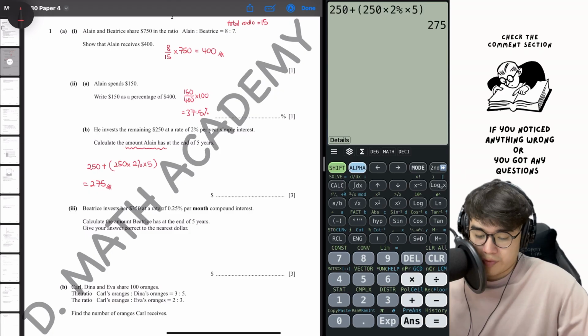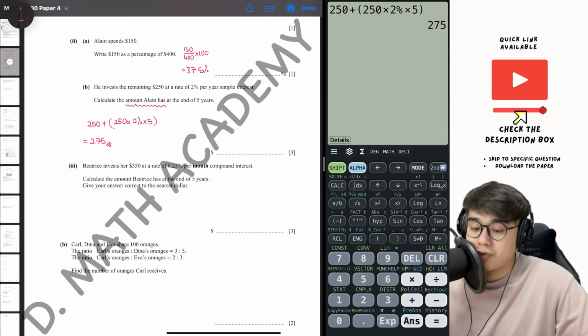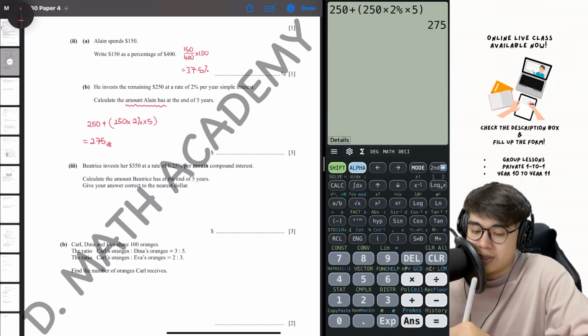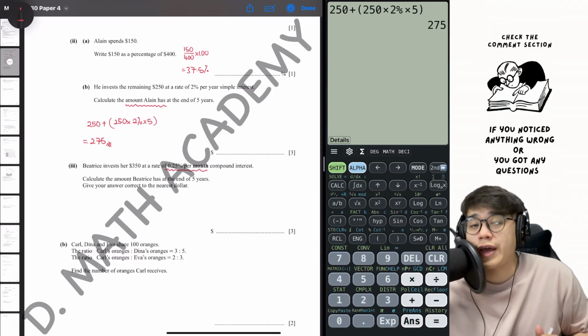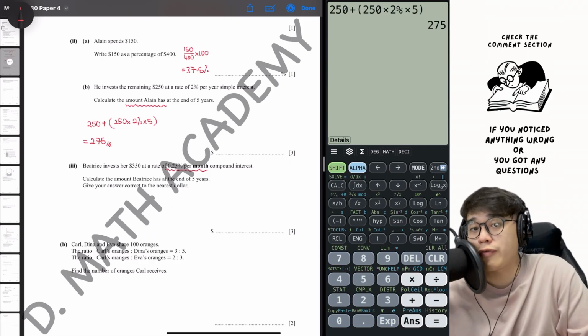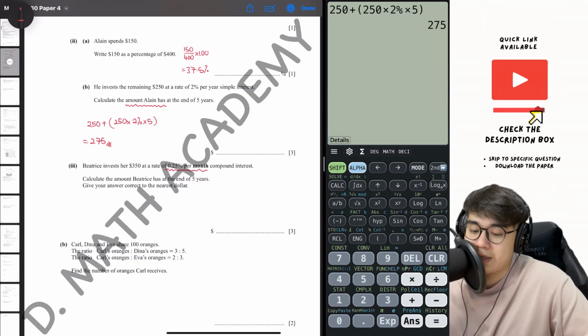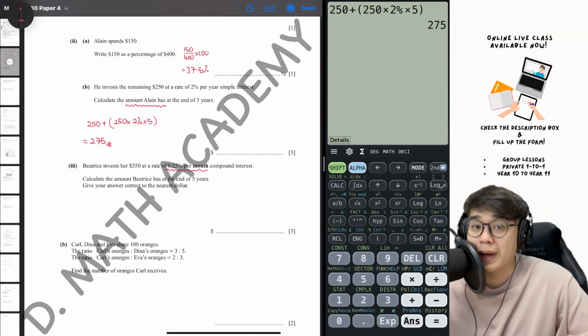Okay, moving on. Beatrice invests her 250 at a rate of 0.25% per month. So this is the catch here. Please do not take the 0.25% that you have now and divide it by 12 anymore, because the 0.25% is already the monthly rate.